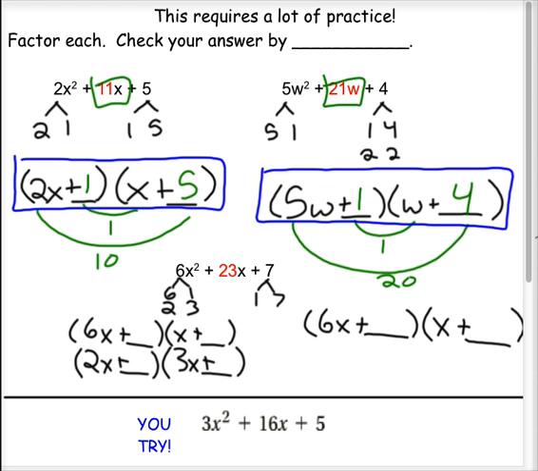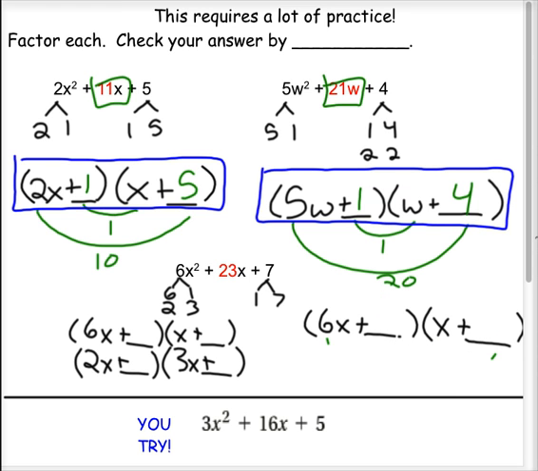So let's begin by plopping those in. I'm going to plop them in as is, and then I'm going to make my connections to test it out. So 6 times 7 is 42, and we get 1. Well, that's 43. That's not the 23 that we're looking for. So obviously 1 and 7 do not go in those places.